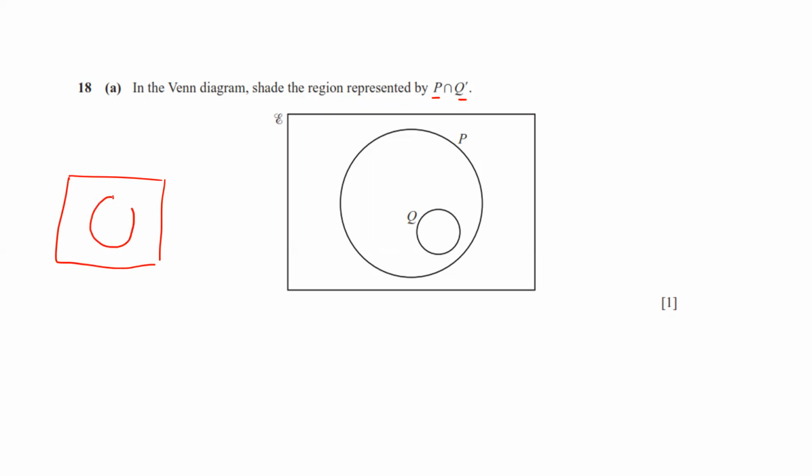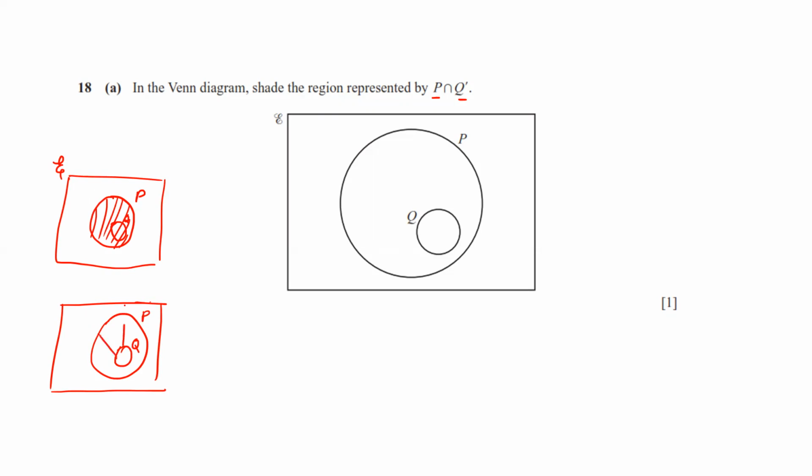So this is, for example, P, and this is your universal set, and this is your Q. The area represented by Q dash is all this area outside Q. So what are the areas that intersect?